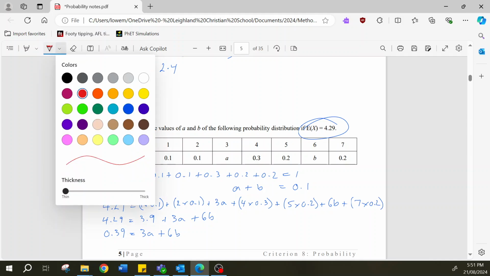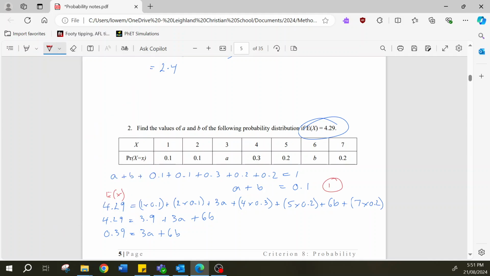So we can see now we've got two equations in two unknowns, and we all know how to solve those simultaneously, and so the answer to that is A equals 0.07 and B equals 0.03.